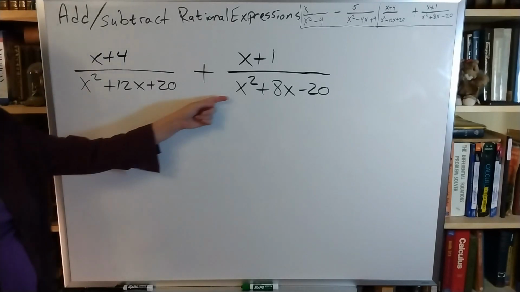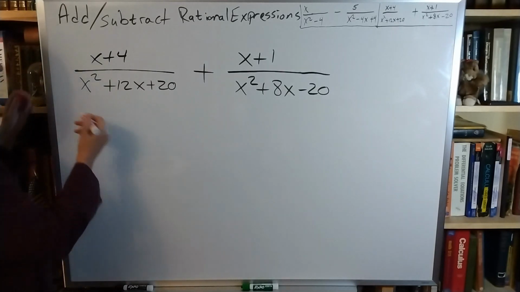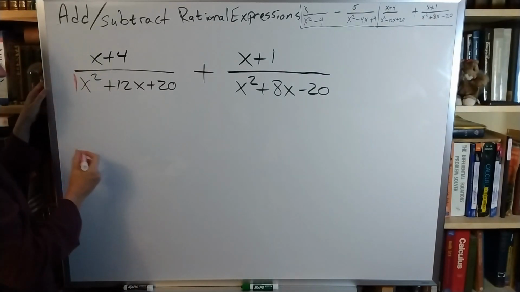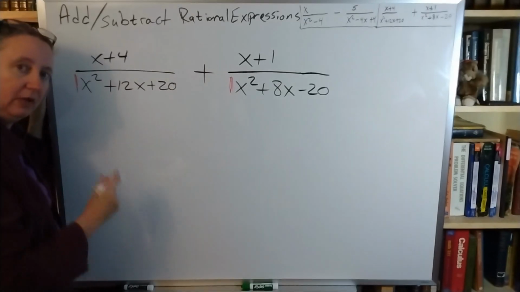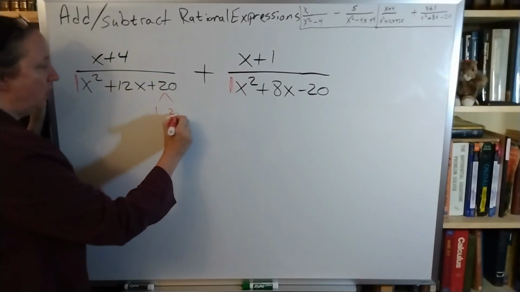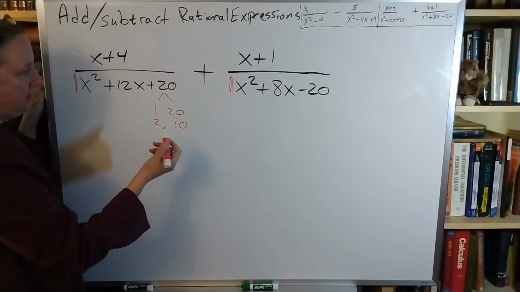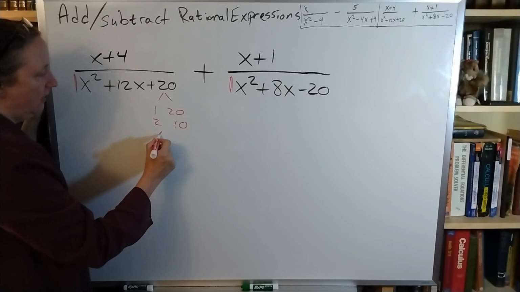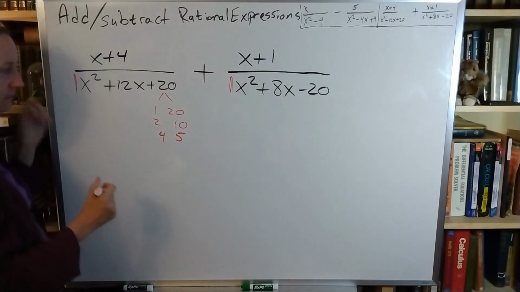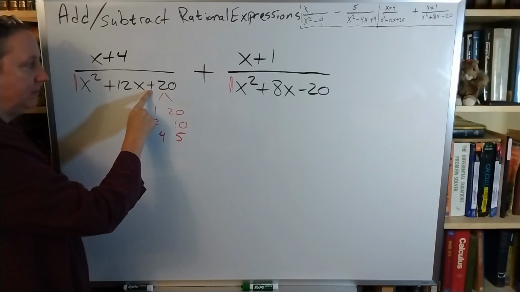So I see my bottoms are both quadratics. I need to factor both of them. I see that my a term is a 1 on each of them, so that tells me I can use my shortcut. So this could be 1 and 20, could be 2 and 10, could be 4 and 5. I see my signs are the same.